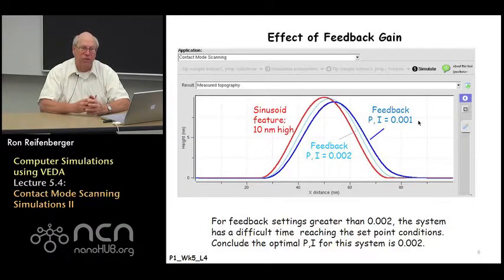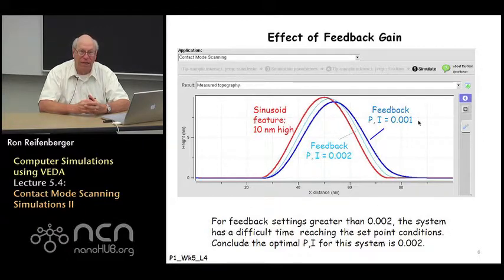And it would be your natural tendency to go back into the software and perhaps increase the feedback gain parameters to 0.003 in order to try and reproduce the sinusoidal feature even more accurately. When I did that, I found that the tip substrate approach curve took an exceedingly long period of time.